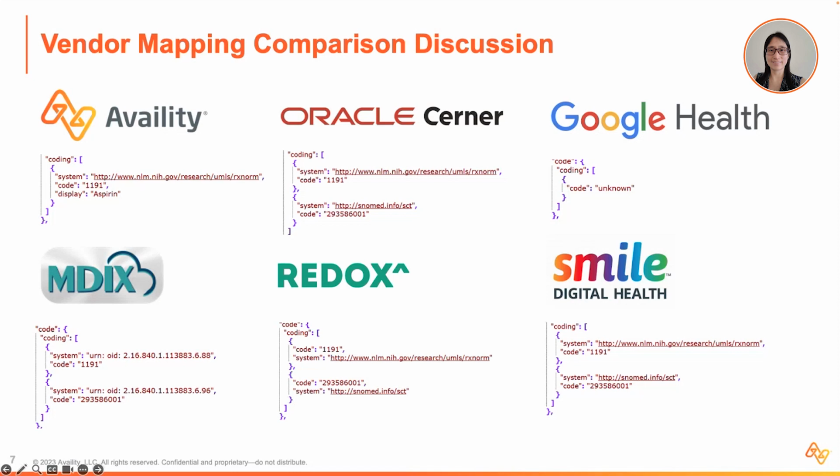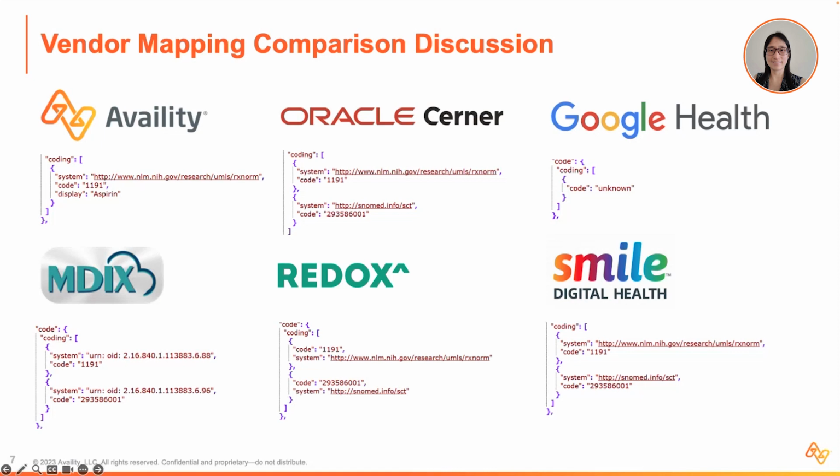You should make sure you are mapping in here as well. And for the fourth vendor, we discussed and they agreed that they should construct a common OID map in the backend. So when it hits some of the common OIDs, such as RxNorm or SNOMED, it will automatically map that to the link to those code systems, just like the other vendors have done.